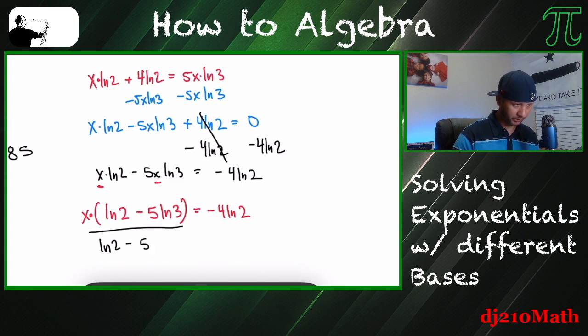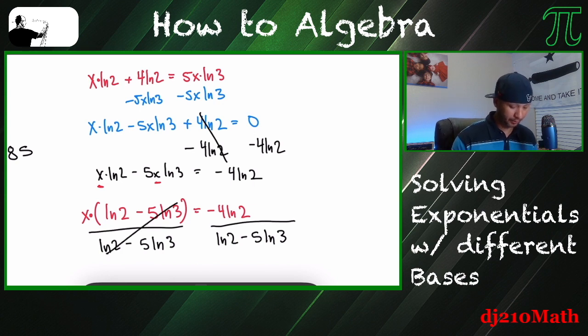So you may need to watch this a couple of times to understand what's actually happening. But all we're doing is factoring out the x so we can get it by itself. Right? It's actually a pretty interesting thing that we're doing here.